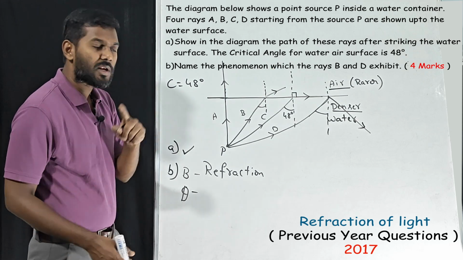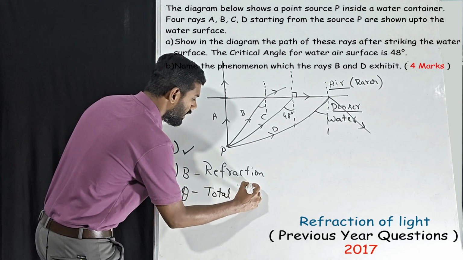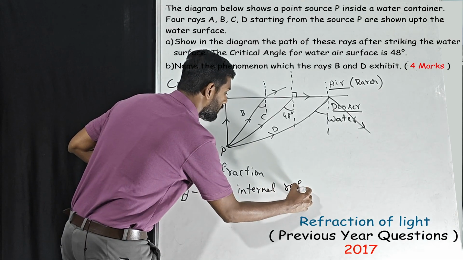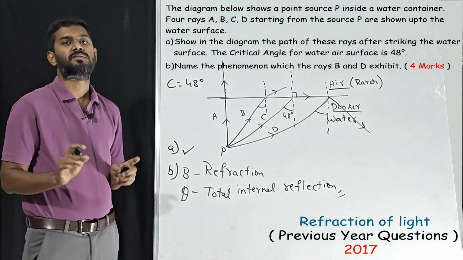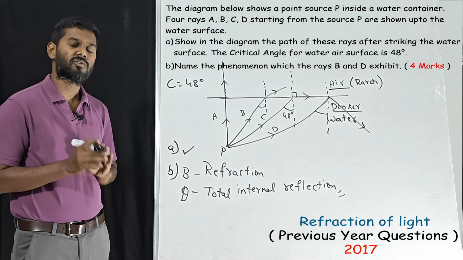D is nothing but total internal reflection. That's it. See, if you have the basic knowledge, you can answer these kinds of questions.